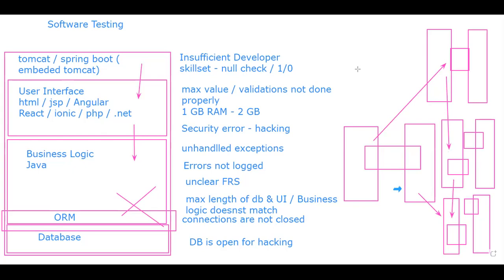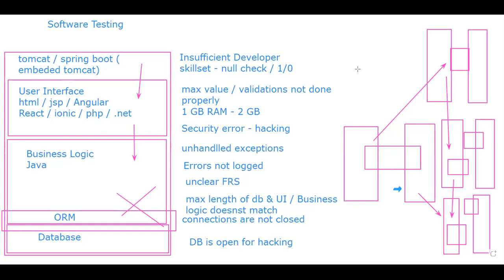When we say that a system is complete, we have to ensure that all of these are handled. We have to ensure that security is handled, unnecessary ports are not open, the database is handled properly, queries don't take a long time, connections are closed, the max length of the columns is handled throughout the system, and exceptions are handled.